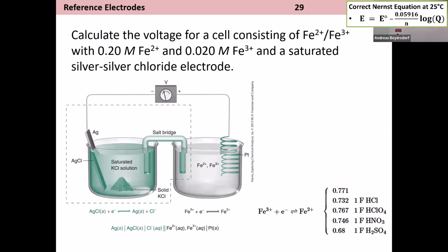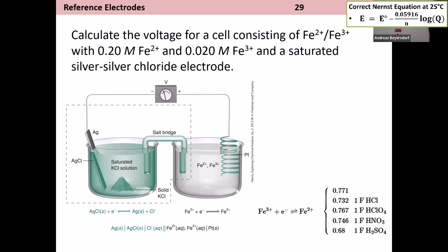All right, so let's do this problem. Let's say we want to calculate the voltage for a cell consisting of Fe2+, Fe3+, with 0.2 molar Fe2+ and 0.02 molar Fe3+, and a saturated silver chloride electrode.